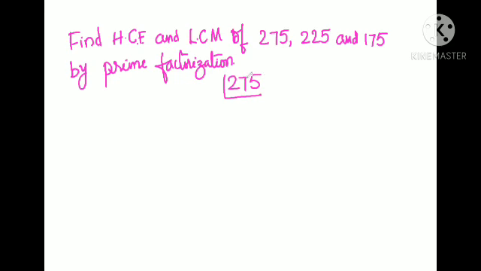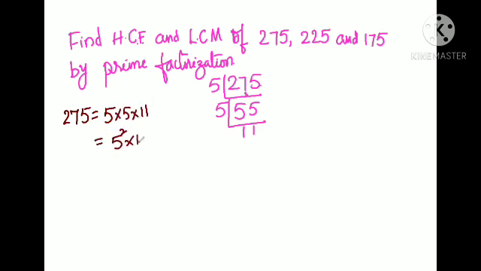It is divisible by 5 because the unit digit is 5 here. 5 5s are 25. Now 5 5s are 25, and 5 11s are 55. Now we got a prime number, 11. So 275 can be written as 5 into 5 into 11, that is equal to 5 square into 11.